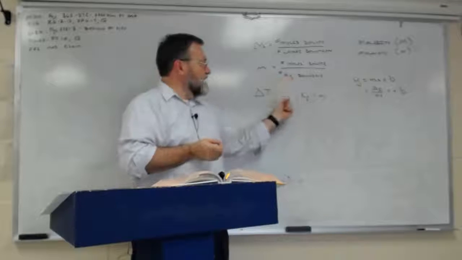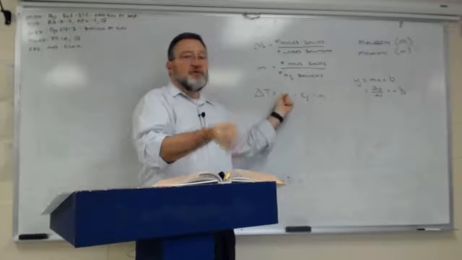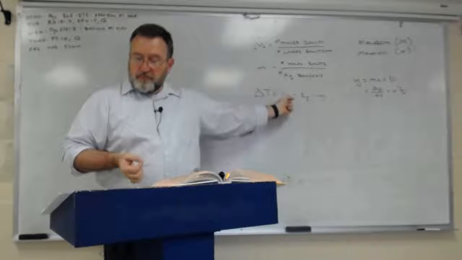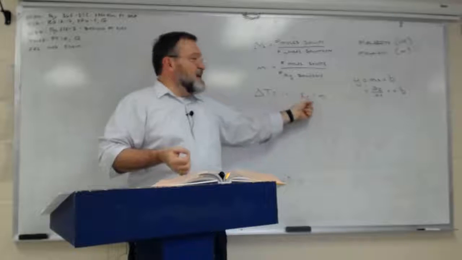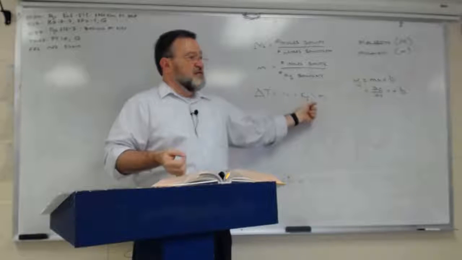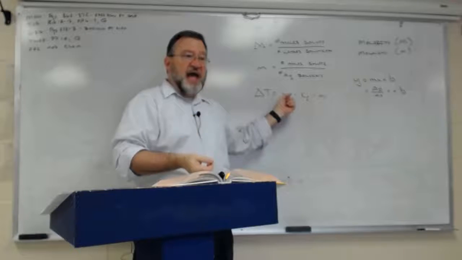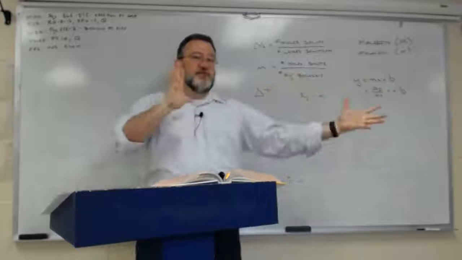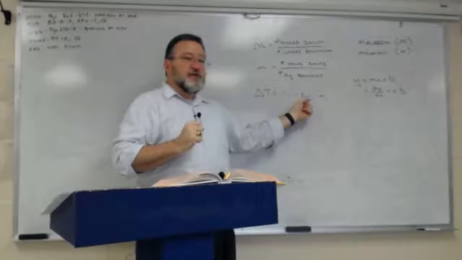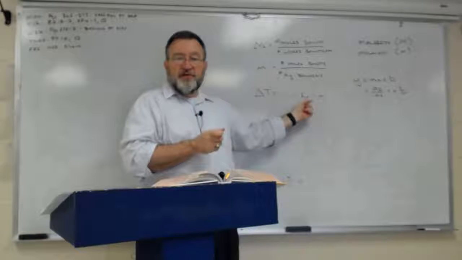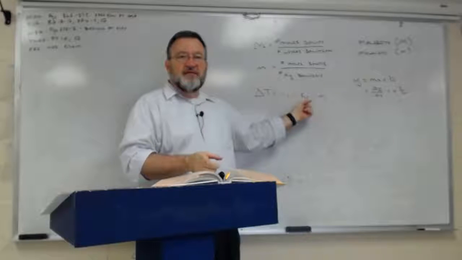So the i is based upon how the solute breaks down. This K sub F is a constant that's based upon the solvent. So i comes from the solute, how it breaks down. This constant is the freezing point constant for the solvent.